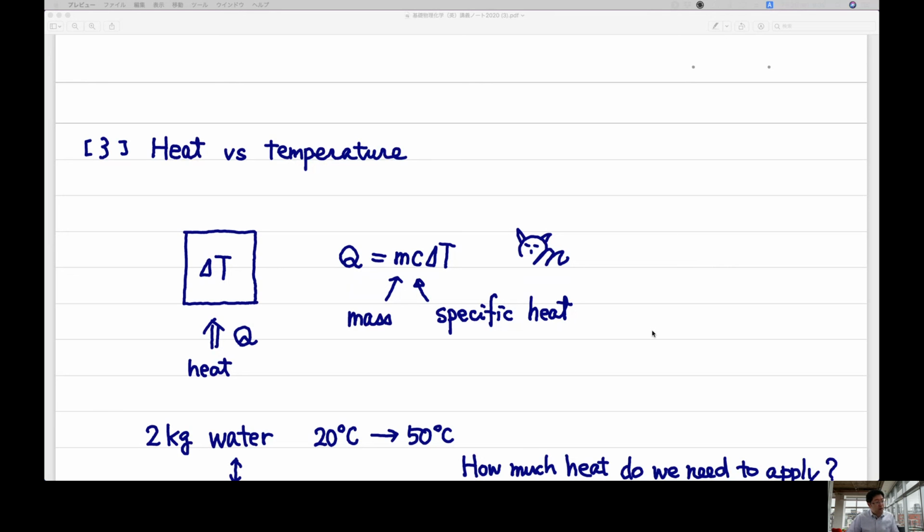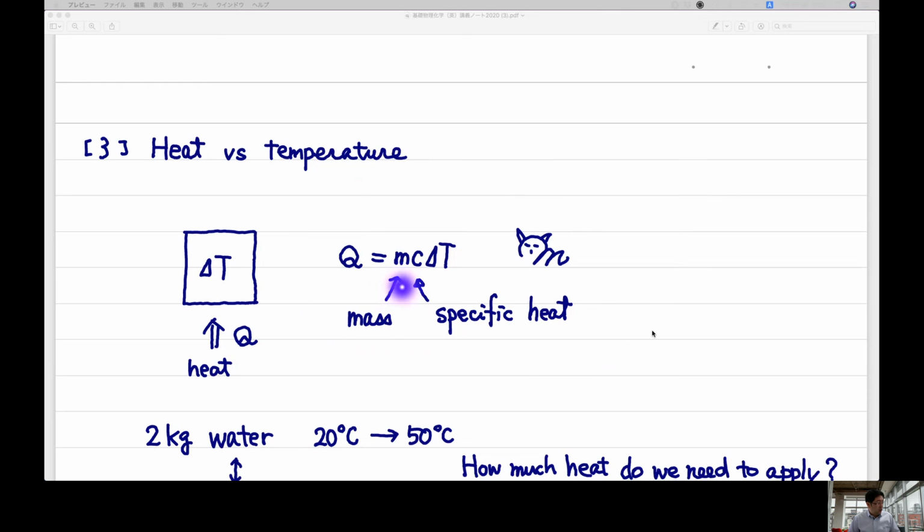And sometimes you cannot observe a big temperature change with the same heat. This is very important. This depends on the specific heat of the material. So this is a very important equation.